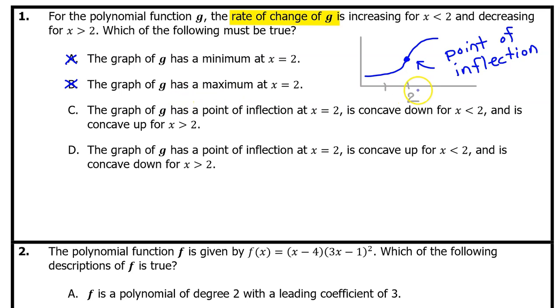So the graph of g definitely has a point of inflection at x equals 2. And because the rate of change was increasing before x equals 2 and then decreasing after x equals 2, specifically the graph is concave up and then concave down. So the answer is D.